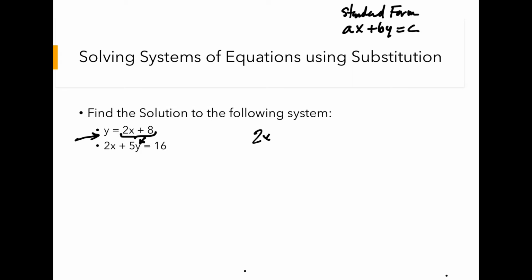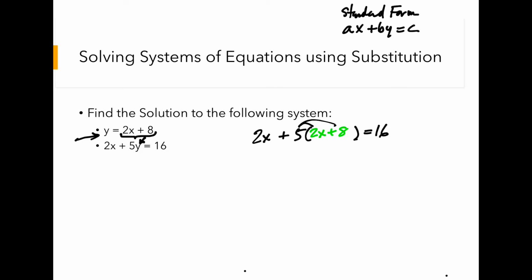So I'm going to rewrite this, 2x plus 5, again putting parentheses where the variable y was, equal to 16. Now I substitute 2x plus 8, because we were told that 2x plus 8 was equivalent to y. Even though this isn't the elimination method, we've eliminated y by substituting the expression involving x.